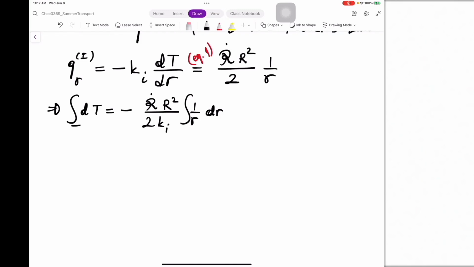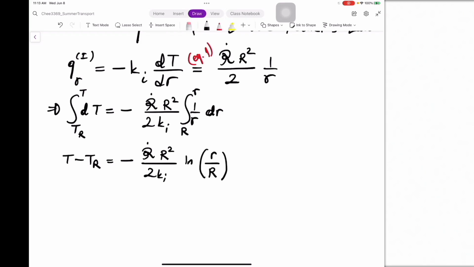You can say from tr to any t, and this is from capital R to any R, and you find that t minus tr is equal to minus fancy R dot capital R squared over 2ki times the integral of 1 over R is logarithm of R, so that's logarithm of R over capital R, because logarithm of lowercase r minus logarithm of uppercase R is nothing but logarithm of lowercase r over capital R, because subtraction of 2 logarithms is the logarithm of the ratio of the 2 terms. That's it, I guess.